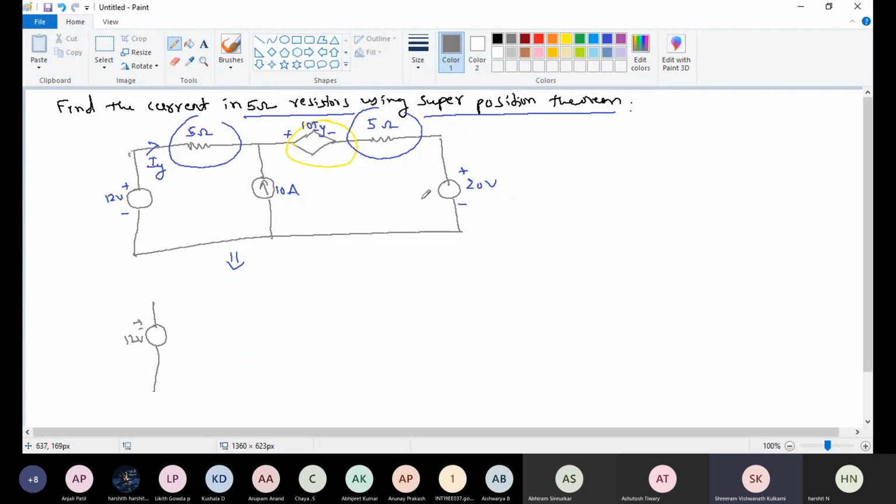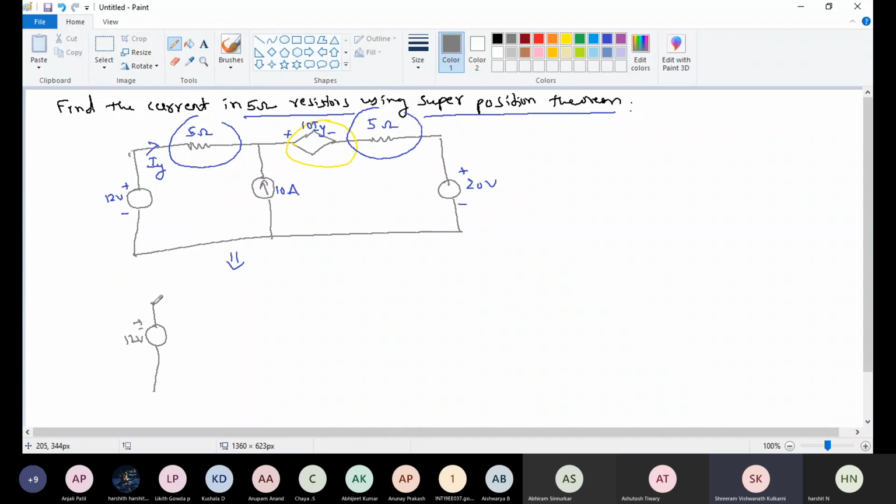Here internal resistance is not given, so short circuit. Then the 10 ampere current source I'm going to replace with open circuit. But I am not going to replace the dependent voltage source. We need to keep the dependent voltage source as it is.